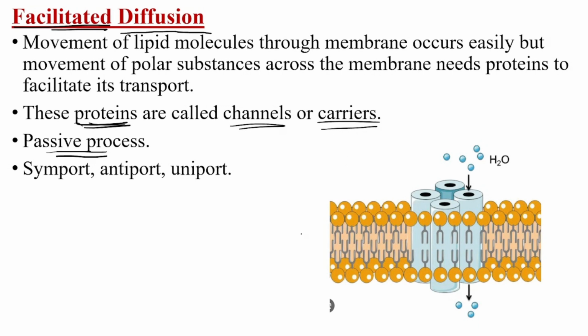Now consider, this is your plasma membrane. Plasma membrane is a phospholipid bilayer. Basically, that means the interior is made up of lipids and on the exterior it has proteins.